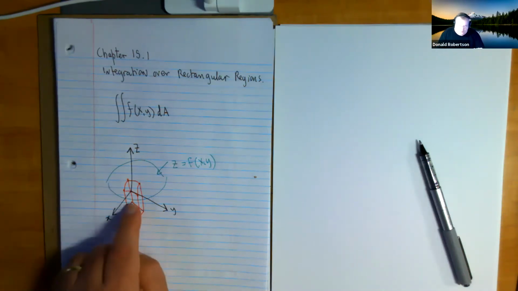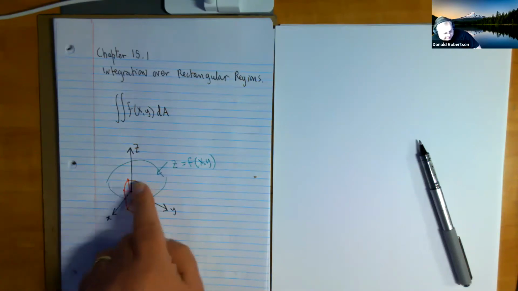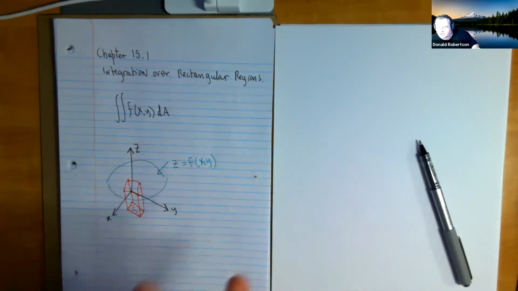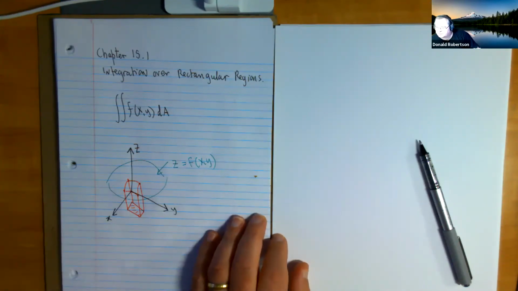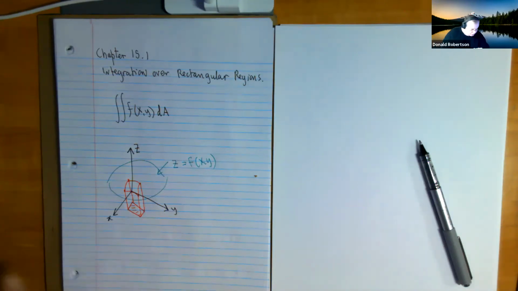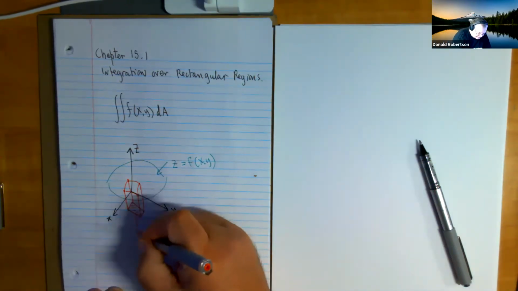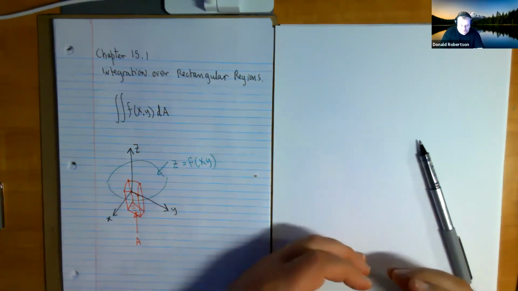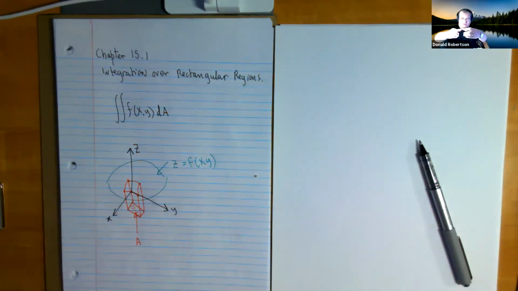Now, this is a very feeble attempt at drawing a 3D picture to show you what you've got. Can you imagine z as a function, z equals x squared plus y squared? Whatever it is, it's your surface. On the floor, you've got a rectangle. This rectangle here is basically A. And you take this rectangle and you go vertically upwards and it meets the surface.